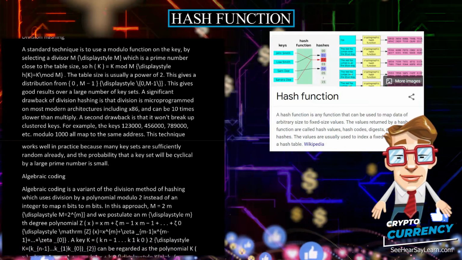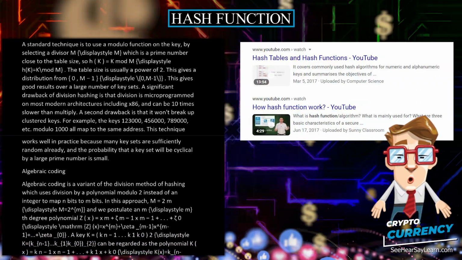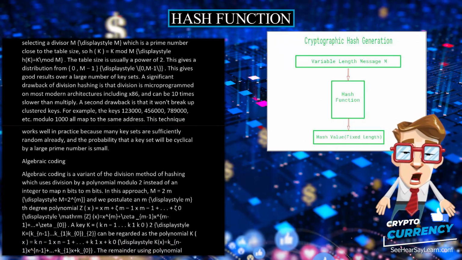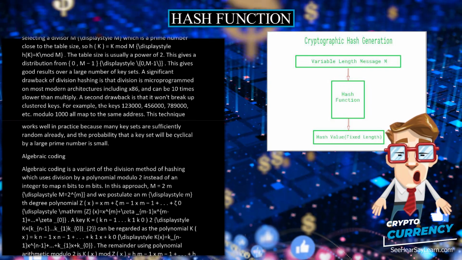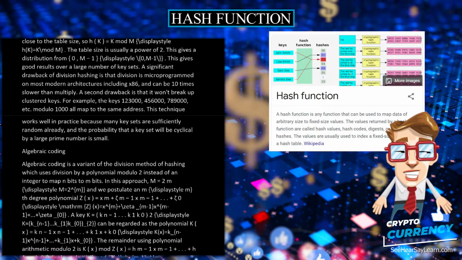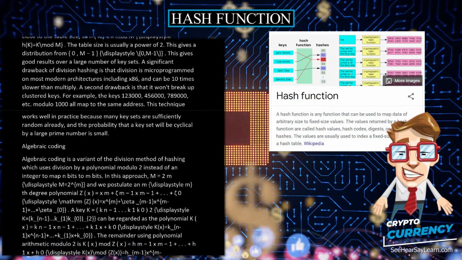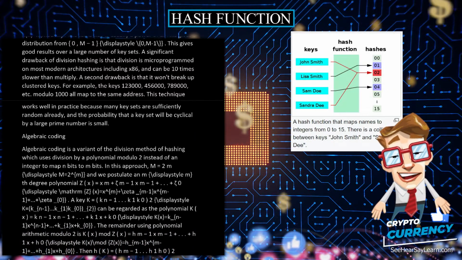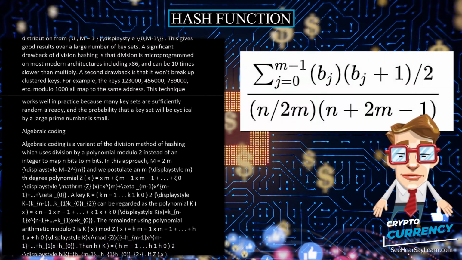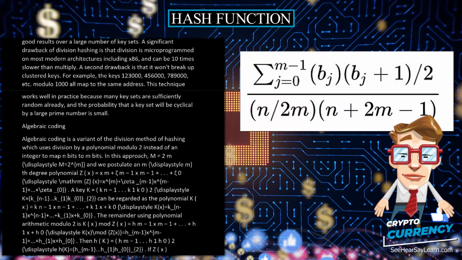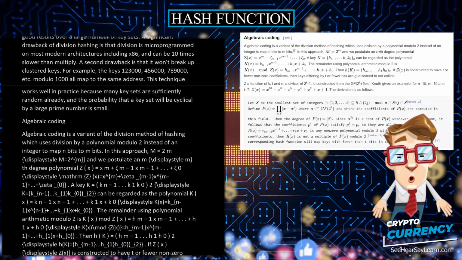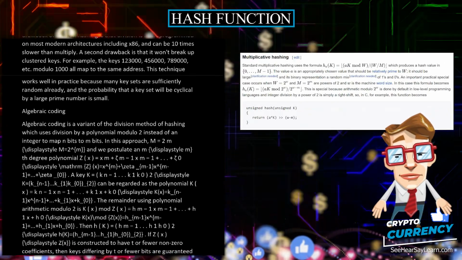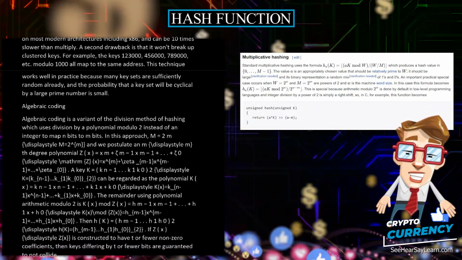The remainder using polynomial arithmetic modulo 2 is k(x) mod z(x) = h_{m-1}x^{m-1} + ... + h_1x + h_0. Then h(k) = h_{m-1} ... h_1 h_0 in base 2.